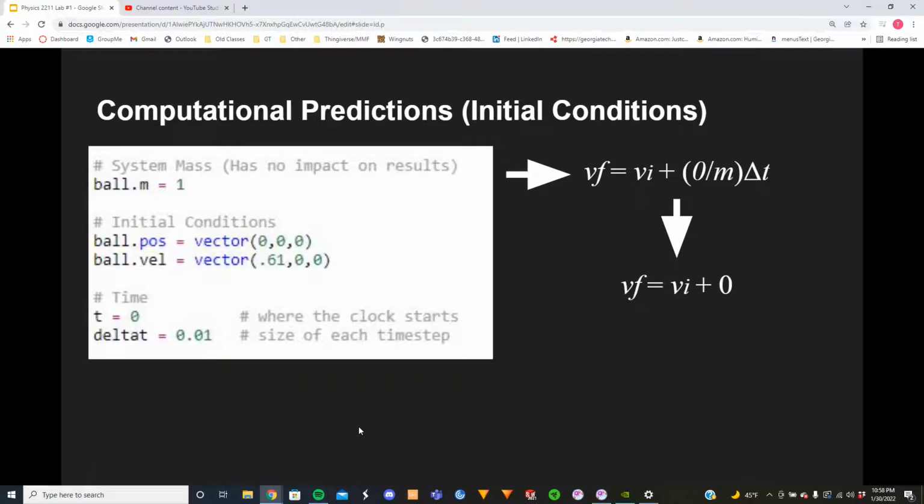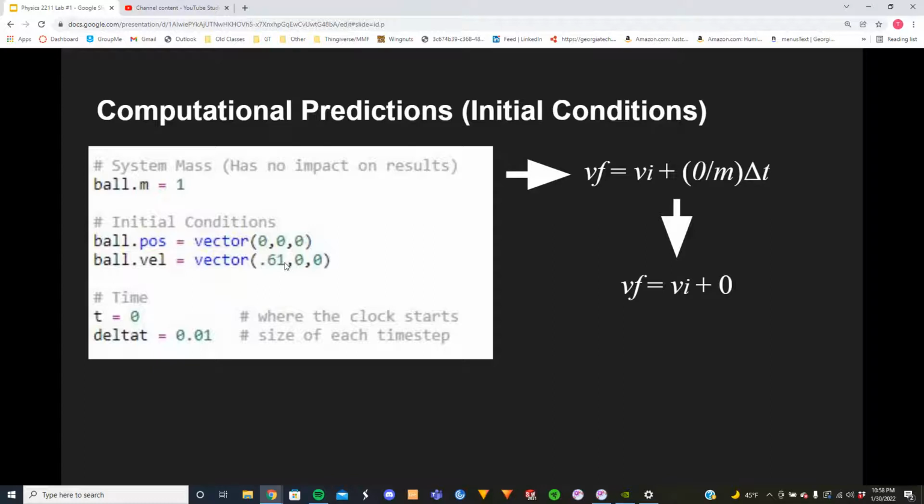This is an excerpt from the computational model that is used to predict the position over time function. In this little snippet, we add some initial conditions to set to the ball. For instance, the position being 0 as set in the experiment axis, and then the velocity being 0.61, which was taken from the final position and time, comparing it to the initial position and time.